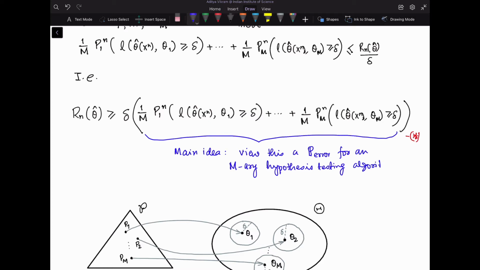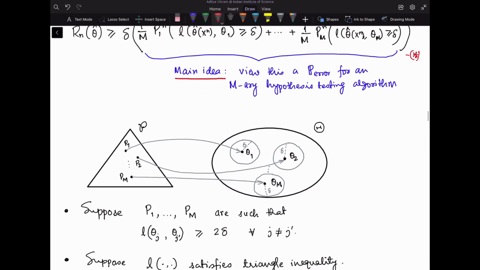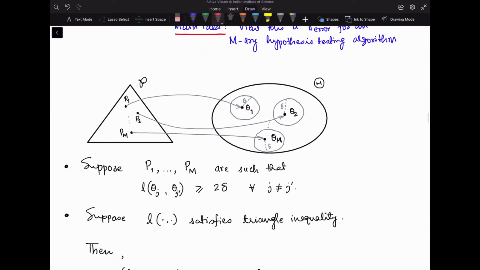So we'll construct an M-ary hypothesis testing problem, and we will construct an algorithm to solve that hypothesis testing problem, and we'll show that we can view this quantity as the probability of error for that hypothesis testing problem.